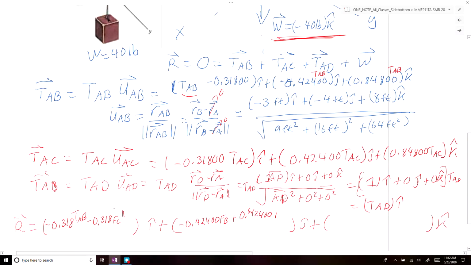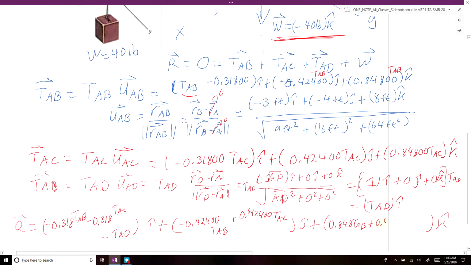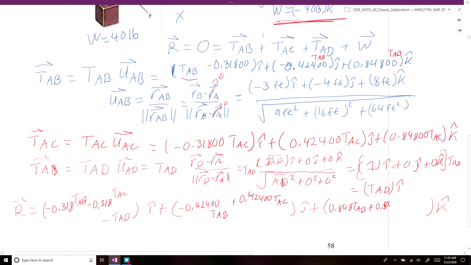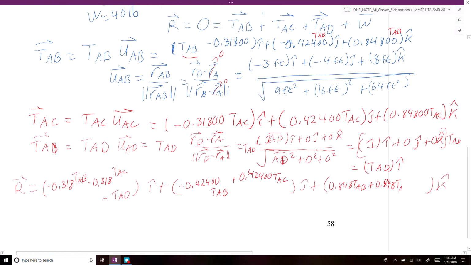This should be TAC, and then we have to have minus TAD here. And then for the z components, we'll just get 0.848 TAB plus 0.848 TAC minus our weight of 40 pounds.